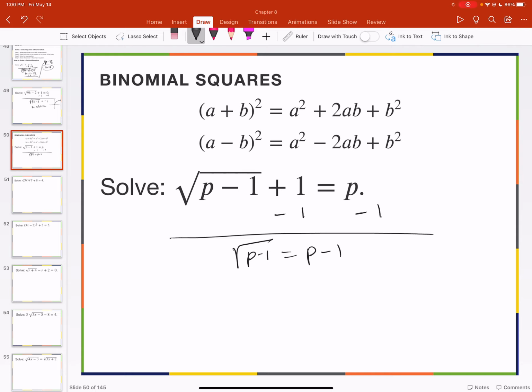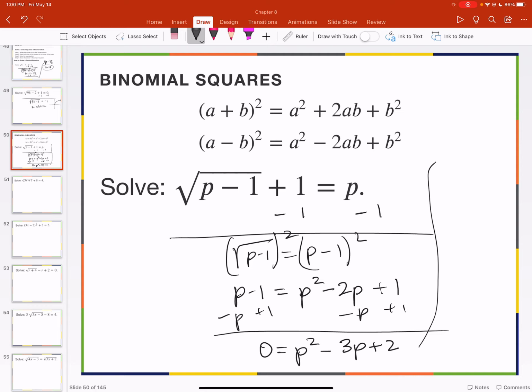On the right-hand side, it's a perfect square trinomial, p squared minus 2p plus 1. Solve this for 0. You get 0 equal to p squared minus 3p plus 2. This factors into p minus 1 times p minus 2. So your final answer is p is equal to 1 or 2, and they're both correct.